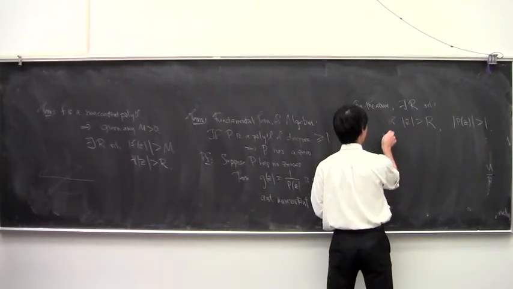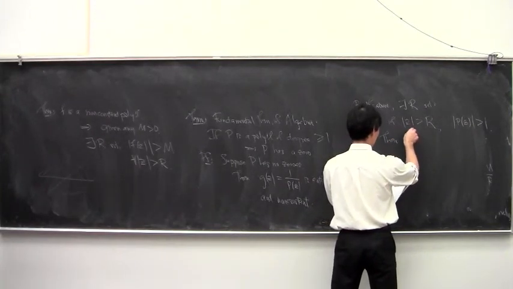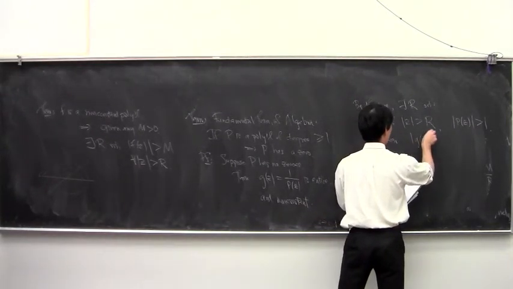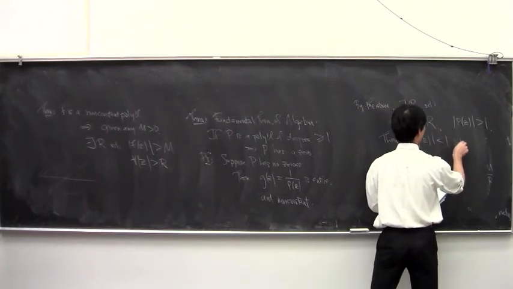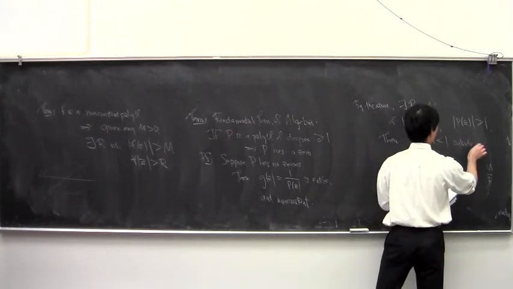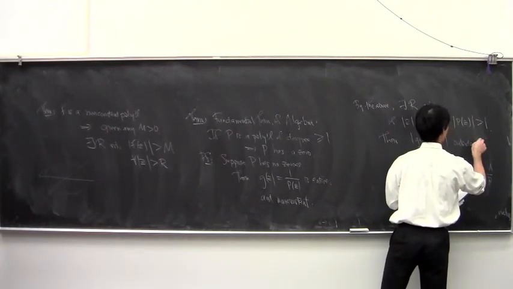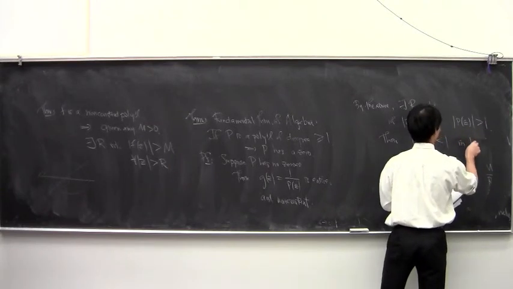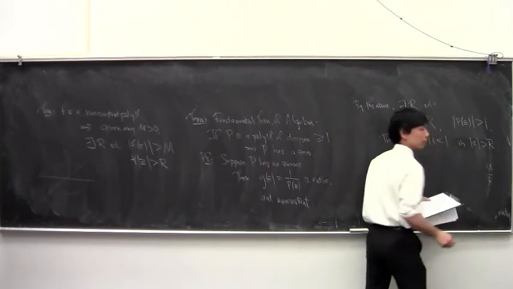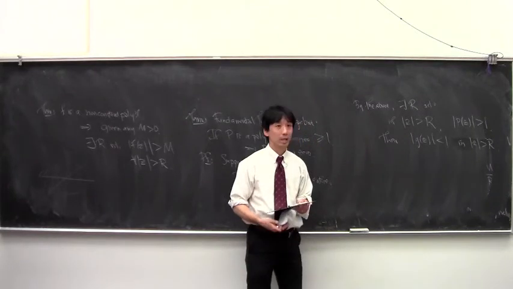But then |G(z)| is less than 1 outside of that circle.